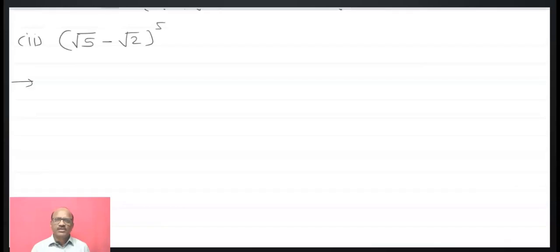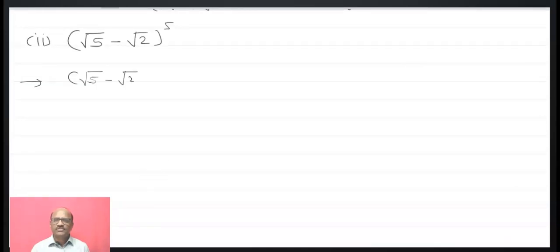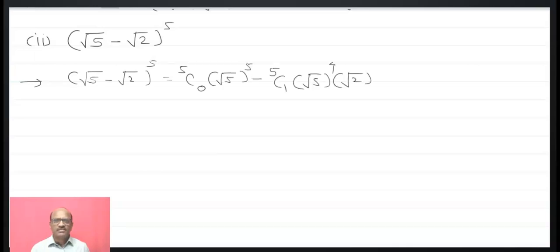5 minus root 2 bracket raised to 5 is equal to. Now we will expand by using the binomial theorem. That is, see this here, up to the fifth term.